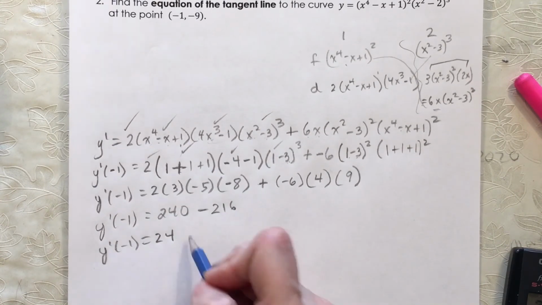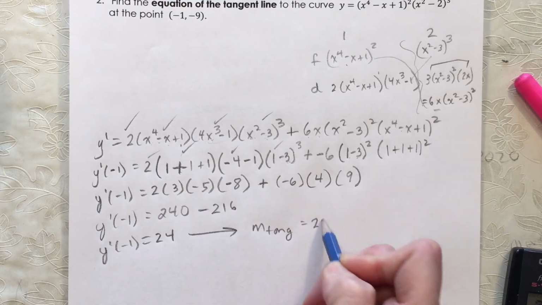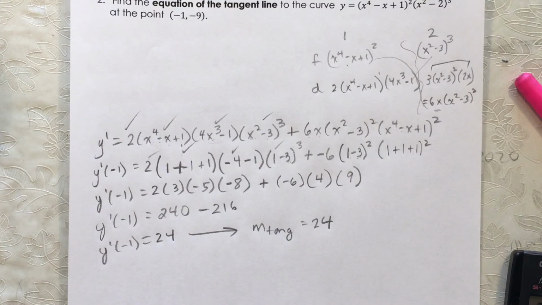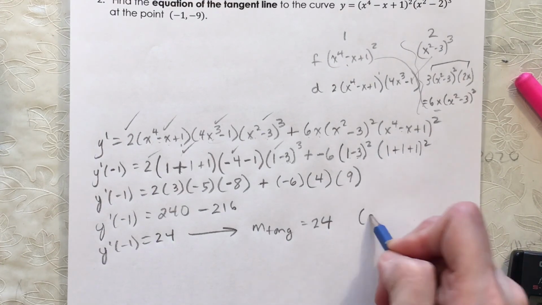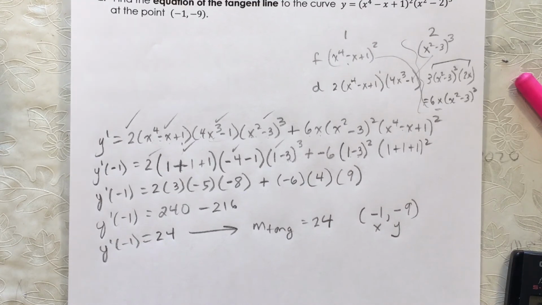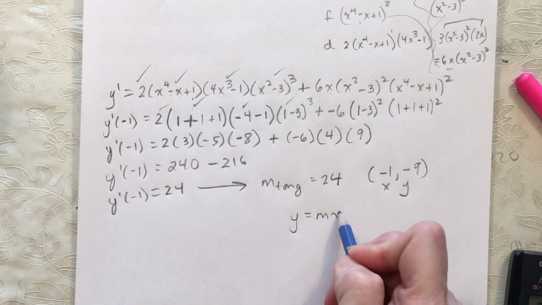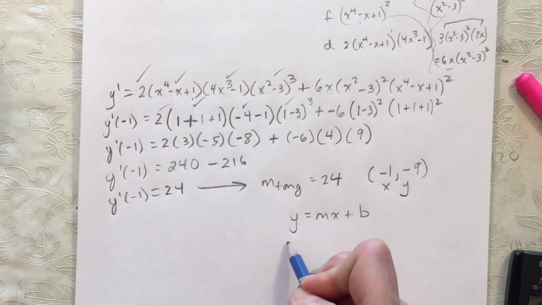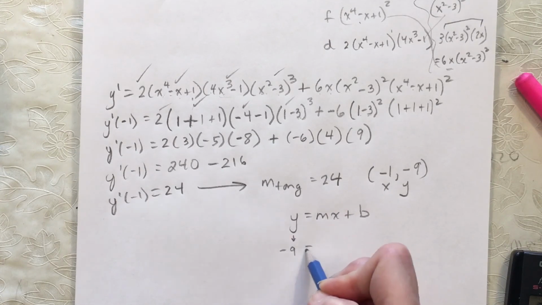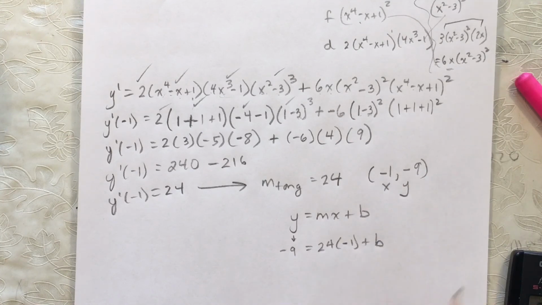So that means that m tangent, if that's all they wanted, we would know it, is 24, but they want the equation of the tangent line, and they tell us at the point negative 1, negative 9. So we've got our x and our y and our m. y is negative 9, m is 24, x is negative 1. Find b.